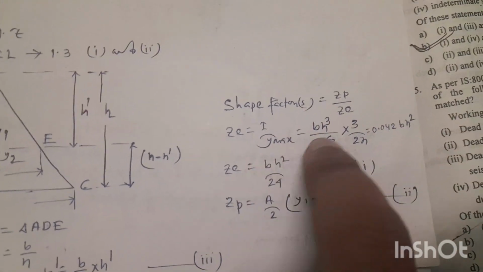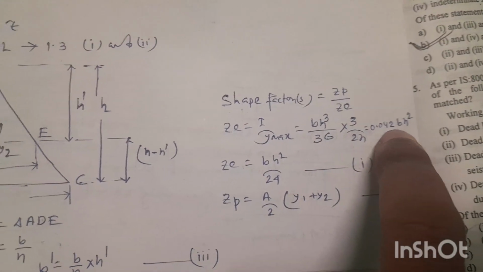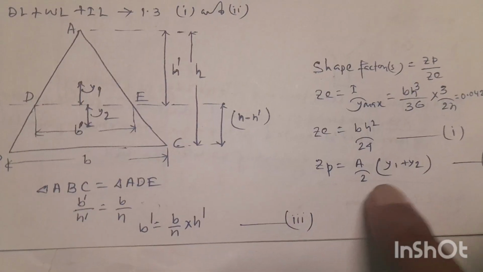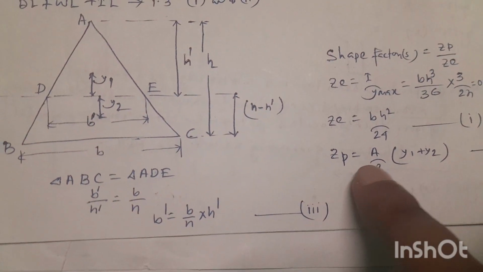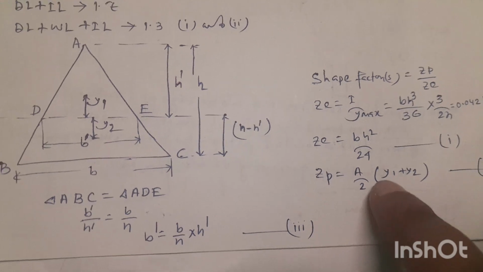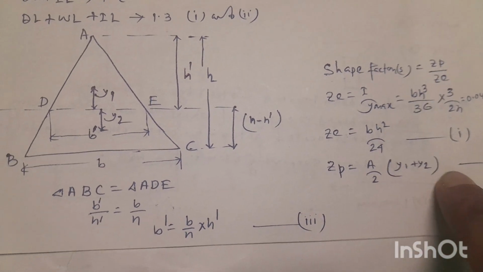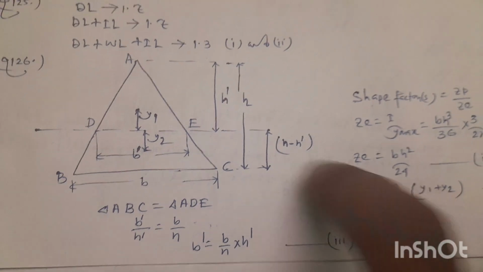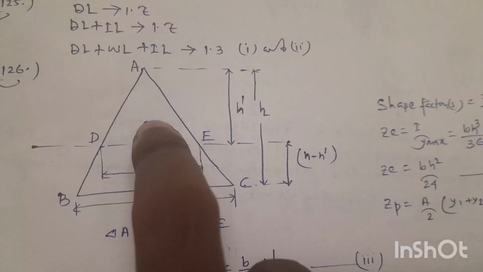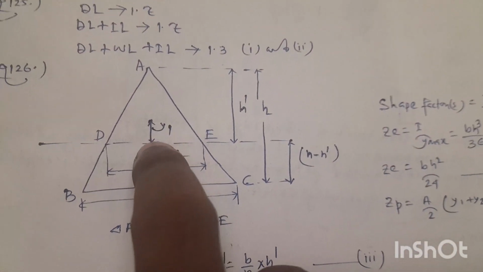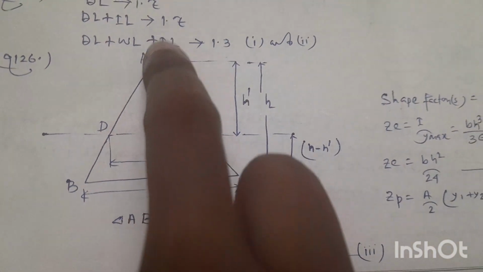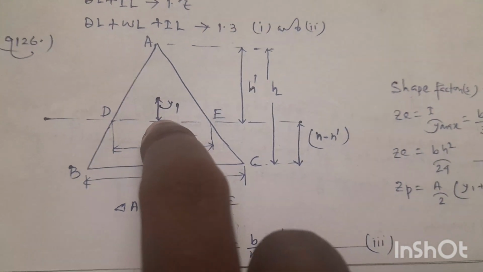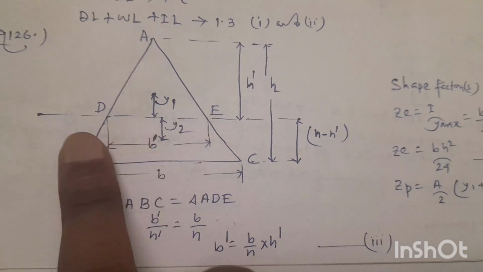If we calculate, we will get ZD equal to 0.042 BH square. Now we know the formula of ZP equal to A by 2 into (Y1 plus Y2). A is the area of this triangle. Y1 is the distance between this axis and CG of this area, and Y2 is the distance between this axis and CG of this bottom area.